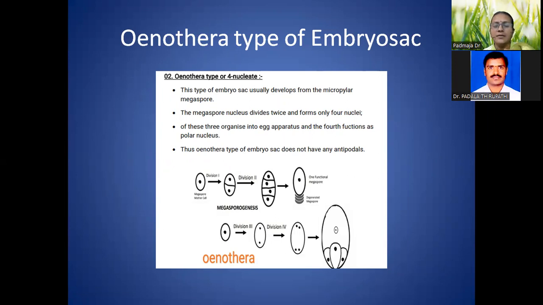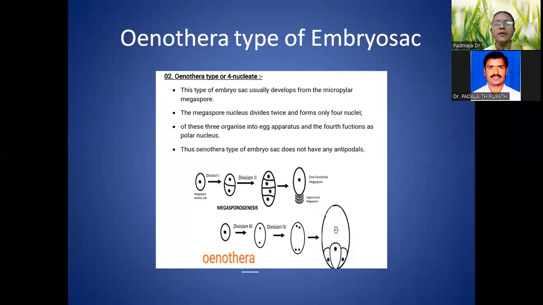And this is the polar nucleus. So after fertilization, what happens? The antipodals are absent here, and the endosperm will be diploid in condition. So the endosperm in Oenothera is diploid.